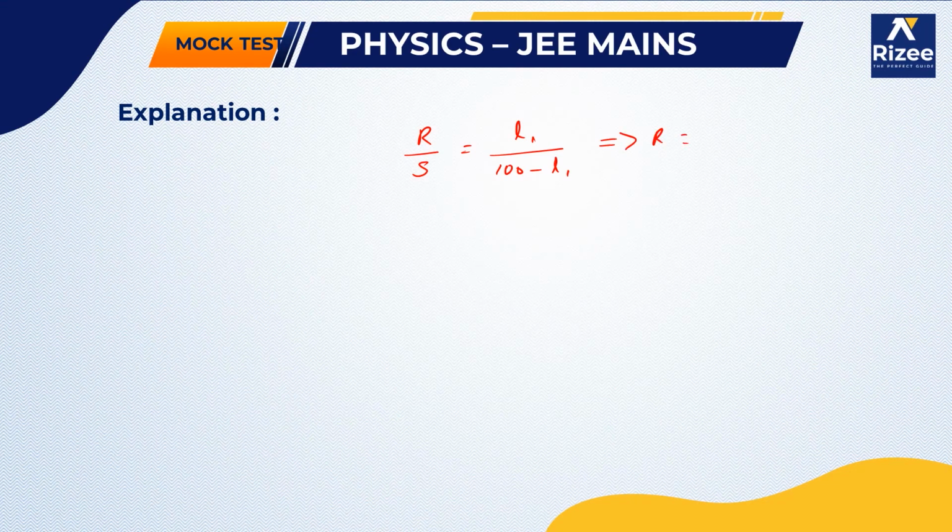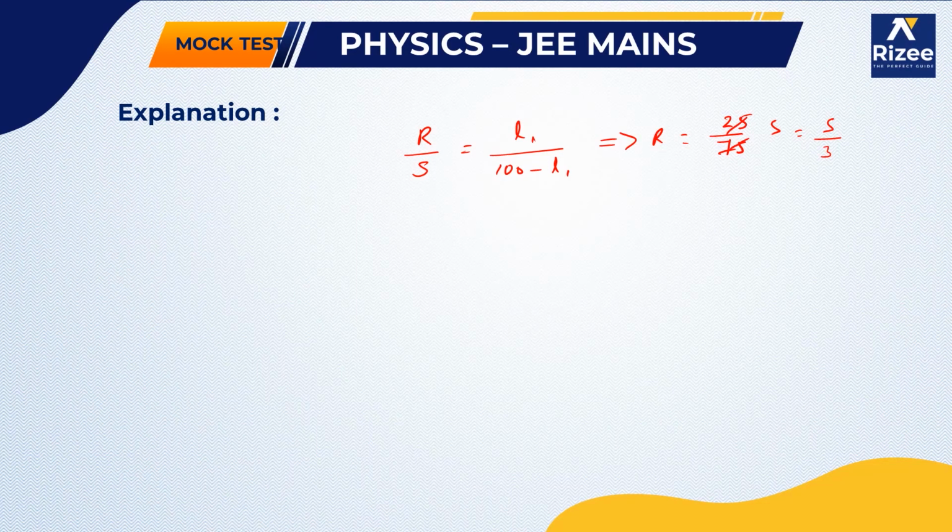So R is equal to, S is the standard resistance connected over there, so R in terms of S, with the balancing length at 25 centimeters, is 25 by 75 of S. That will be S by 3.